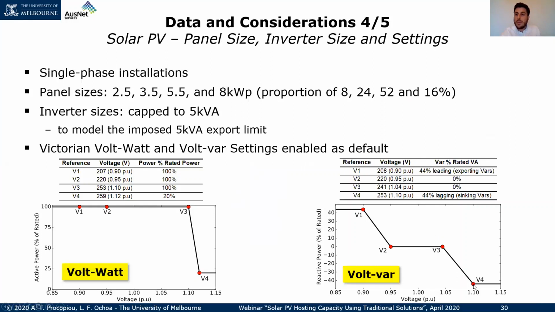And by that moment, given that the absorption of reactive power might not be enough to really reduce the voltage below the limits, up to 1.1 per unit, the Volt-Watt kicks in, where it starts from that moment on, at 1.1 per unit, to curtail generation linearly down to 259 volts, which is 1.12 per unit, at which point the PV inverter is limited to 20% production of active power, corresponding to the rating of the PV system.